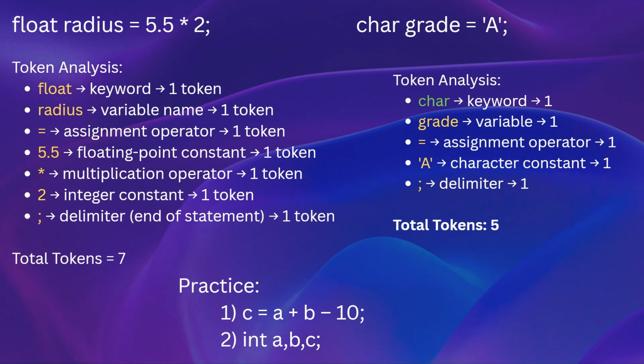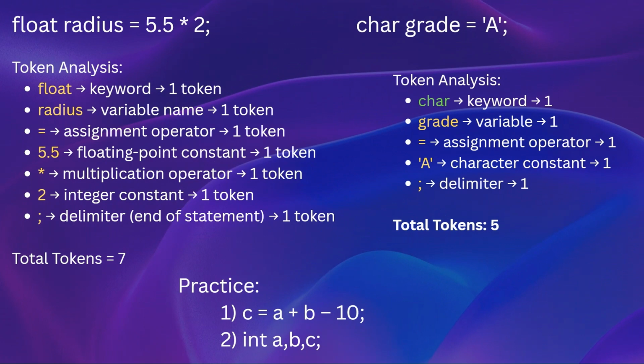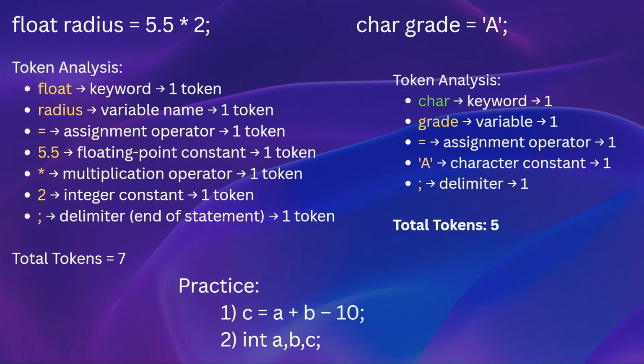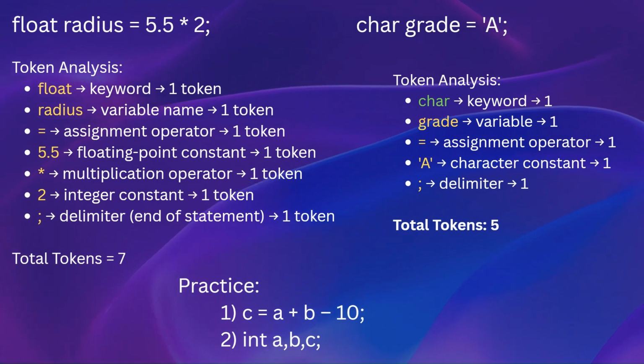So it is also a token. Then we have two tokens. Then the next one is equal sign. It is an assignment operator. So it is the third token. Then 5.5 is a floating point constant. It is another token. So we have four tokens so far.